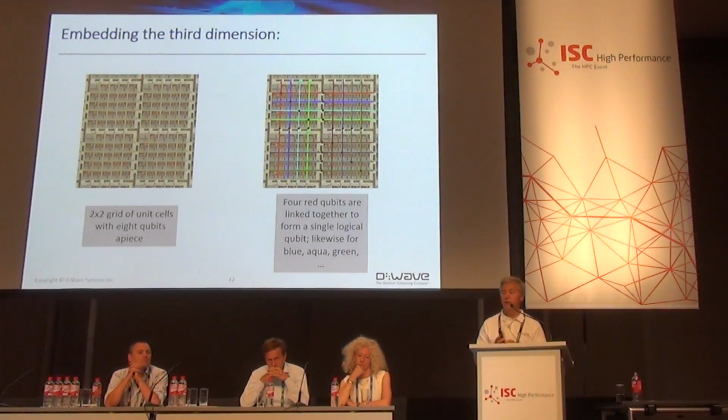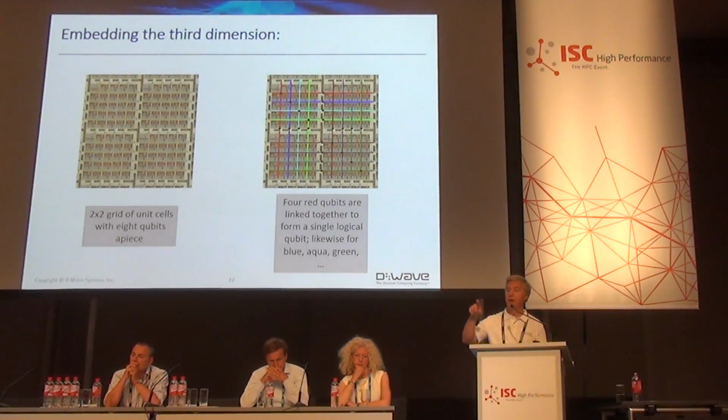The picture on the right side shows you how Richard has grouped together those 32 physical qubits into 8 groups of 4. You'll see there's a horizontal red line and another vertical red line. Together, that represents a set of 4 physical qubits that are strongly coupled together, and so they will behave as a single logical qubit in the 3-dimensional lattice.